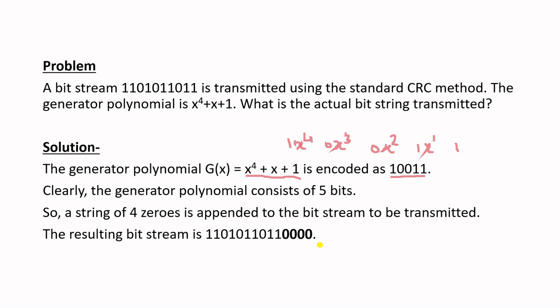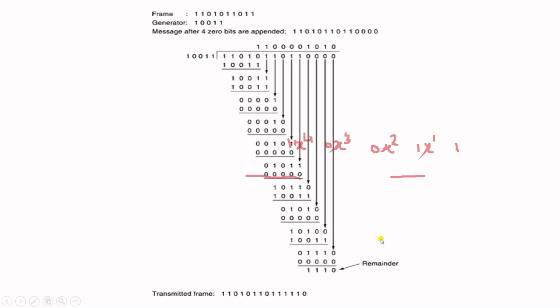So as of now we have a resulting bit stream after appending zeros or redundant bits, and we have the generator polynomial also, 10011. So with the help of this we are using the CRC technique. Now we have this frame.